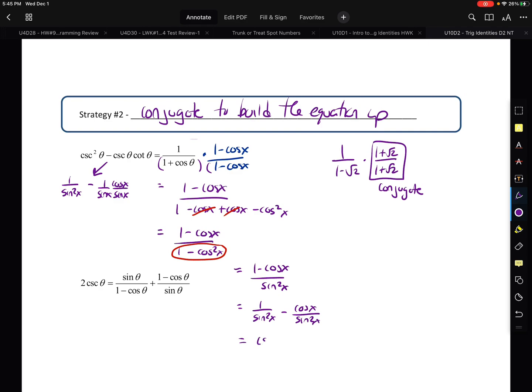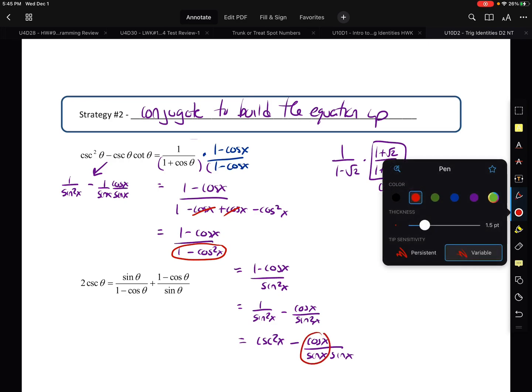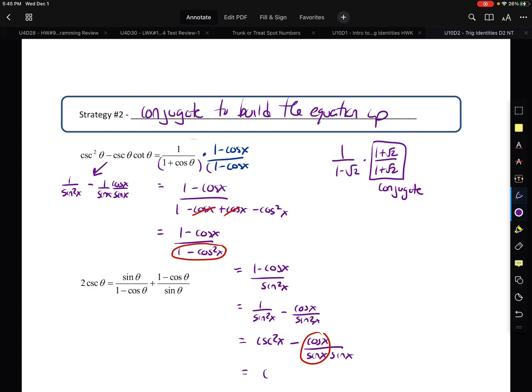So there's my cosecant squared x. And what I need to realize is that I could separate the sine. By separating the sine, I'm able to combine this and make that into my cotan. So I have cosecant squared x minus cotan x, not squared, cosecant x. So there's my conjugate idea.